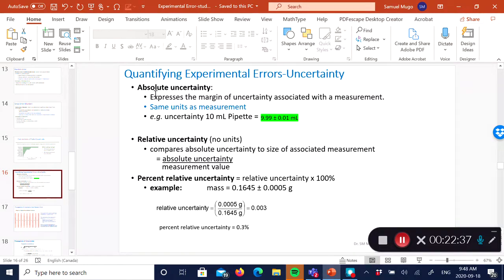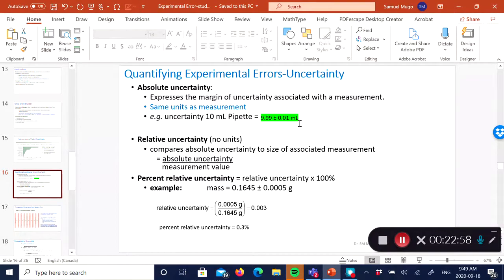Now, the absolute uncertainty has the same units as your measurement. So you take your mean, like what we did before with the pipette calibration, and then I take my absolute standard deviation, and the number that I get is what I'm calling the absolute uncertainty.